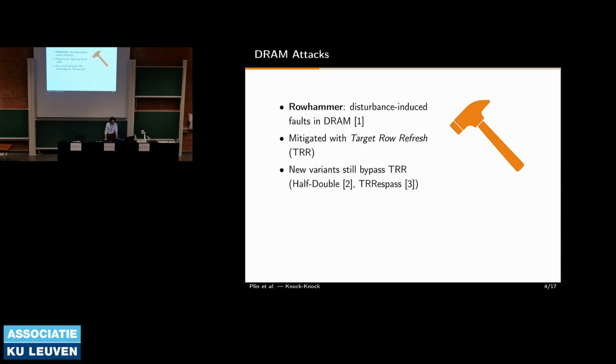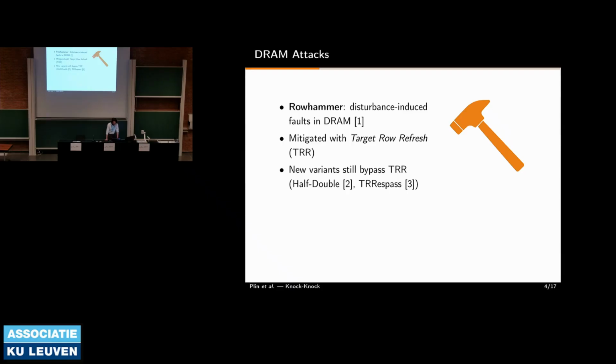Moreover, DRAM, as other parts of the microarchitecture, is vulnerable to different attacks. The most famous one being row hammer, which is a disturbance-induced fault from high-frequency accesses.